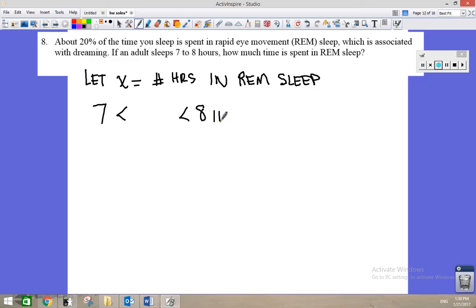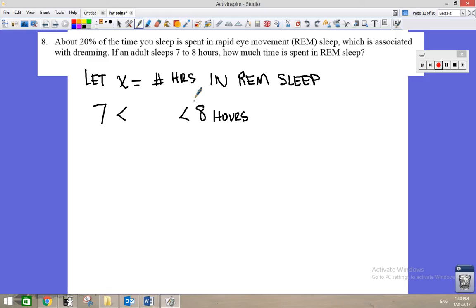I have a little bit of a problem immediately: it does not make sense to put an X here because the units are not the same. If X is hours of REM sleep, the 7 and 8 hours is just your total sleep. Not all of that is REM sleep.